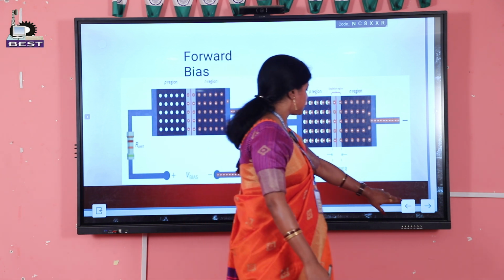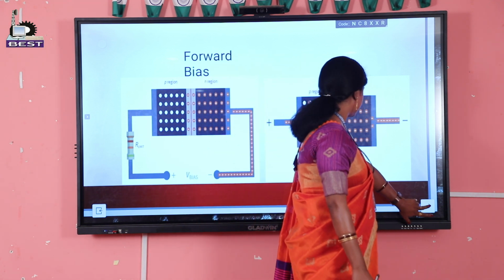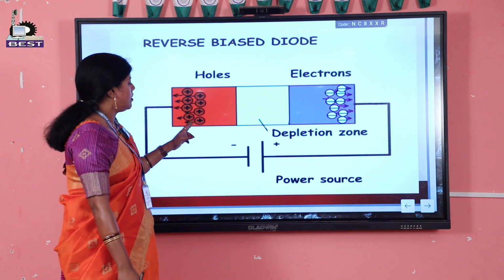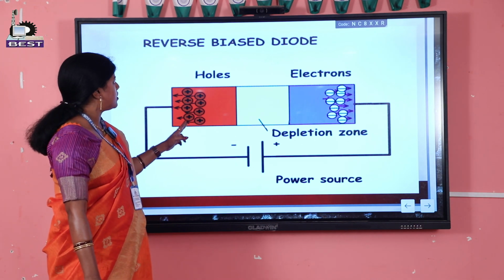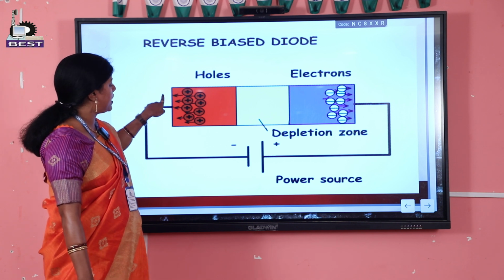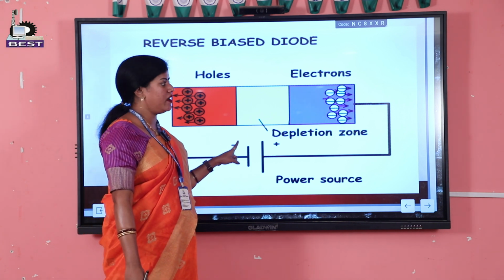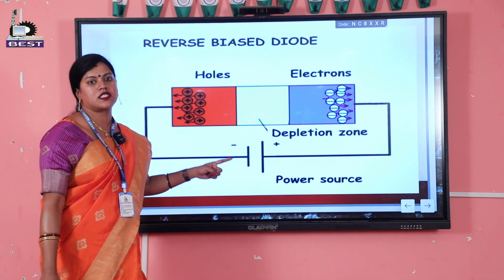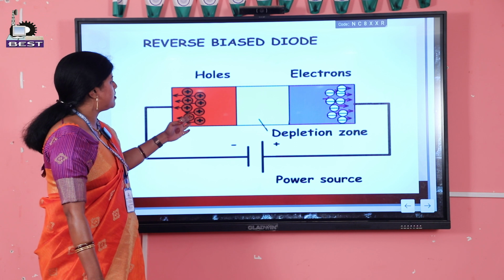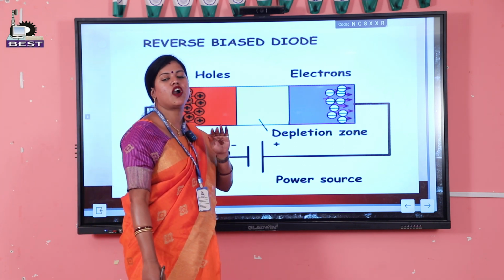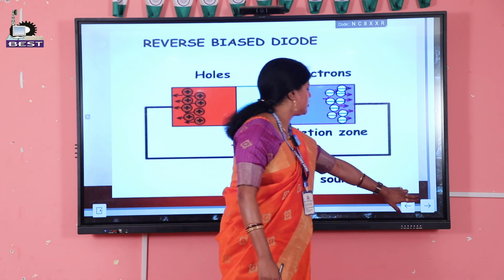Now in reverse biased condition, the positive terminal is connected to the negative side of the battery and the negative terminal is connected to the positive side of the supply. In this condition, the diode is off, that means no current flows in this circuit.